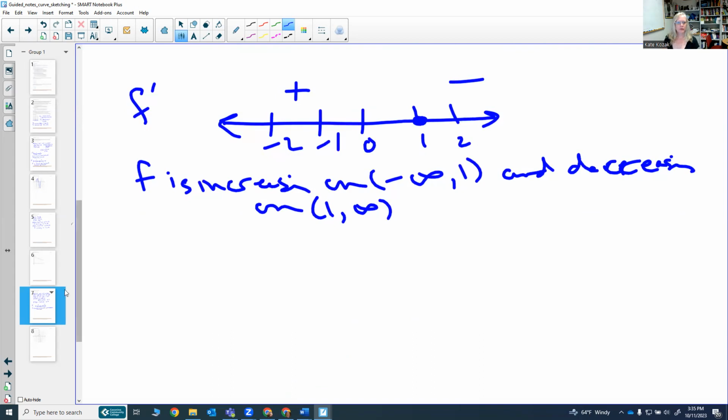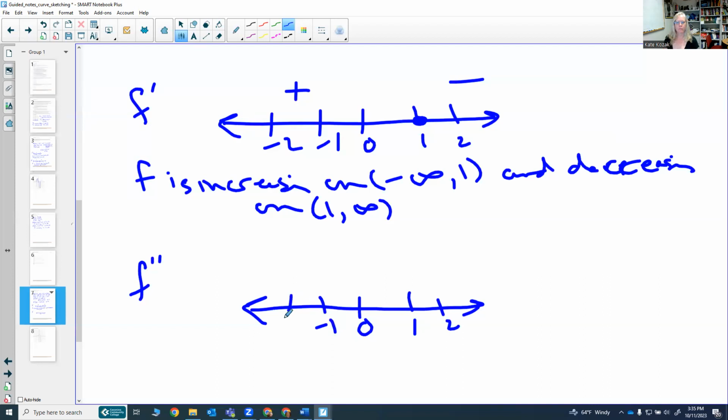For the second derivative, put 0 on the number line. If you take a number less than 0 and plug it into the second derivative, like -1, you will get a positive number. Put a number bigger than 0, like 1, into the second derivative, you'll get a negative number.